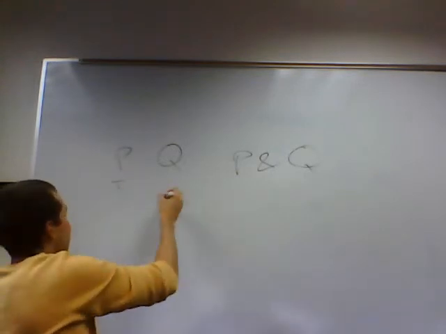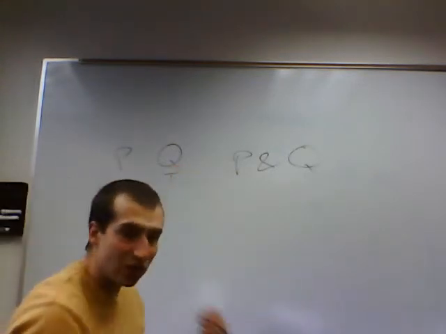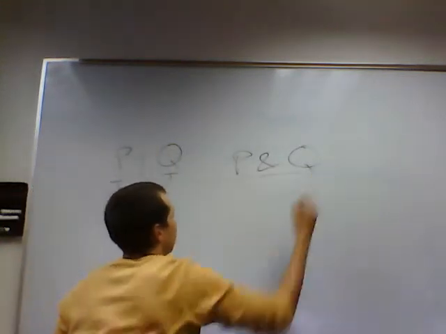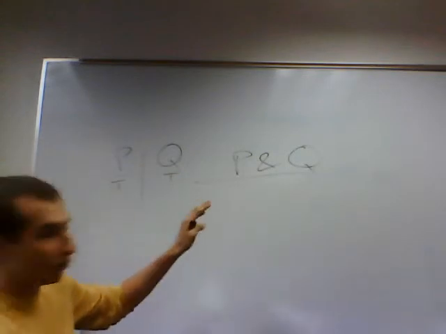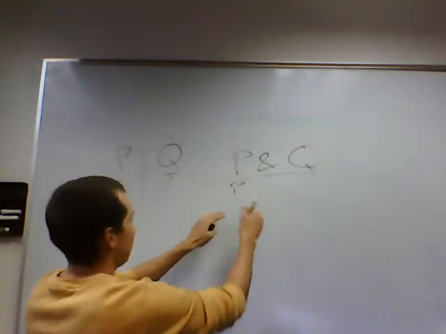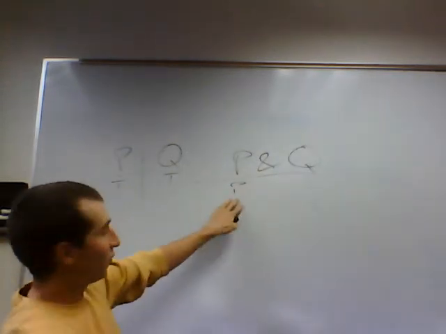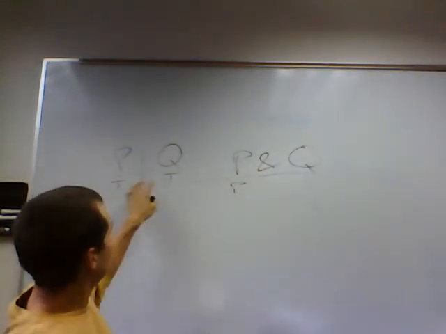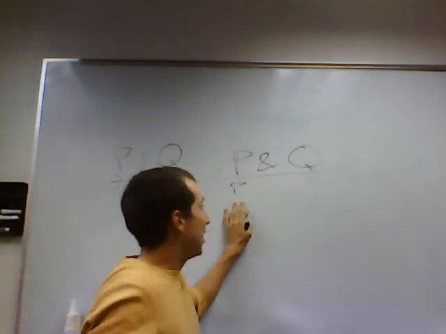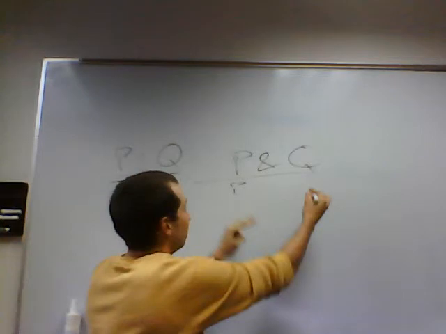So if we say that P is true and Q is true, we can go through and say, okay, P is true. We already assume this part, so we just apply it over here, and then Q is true.